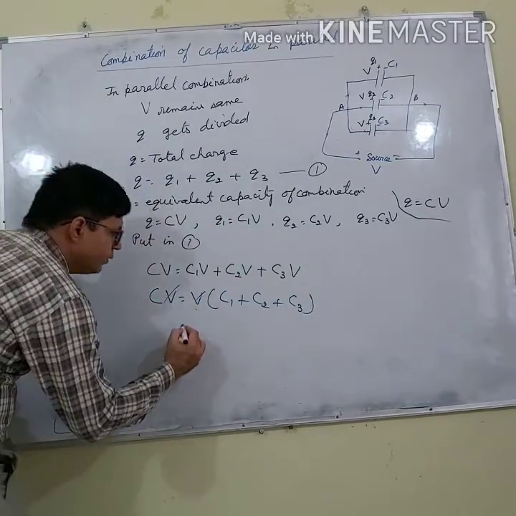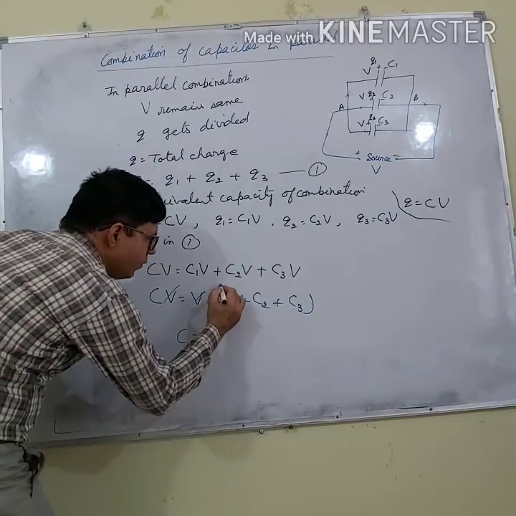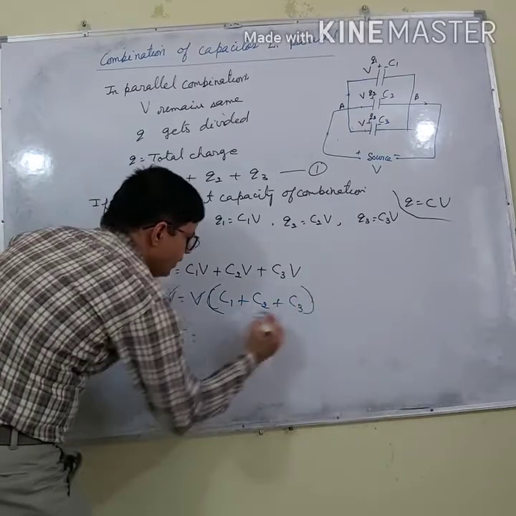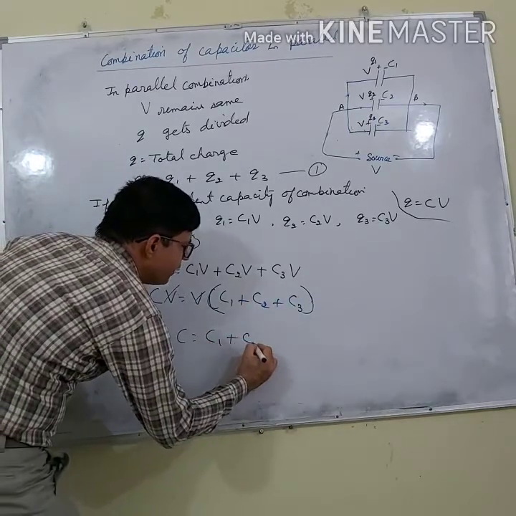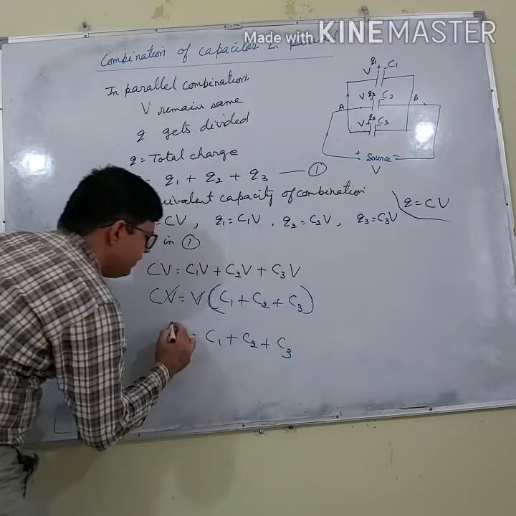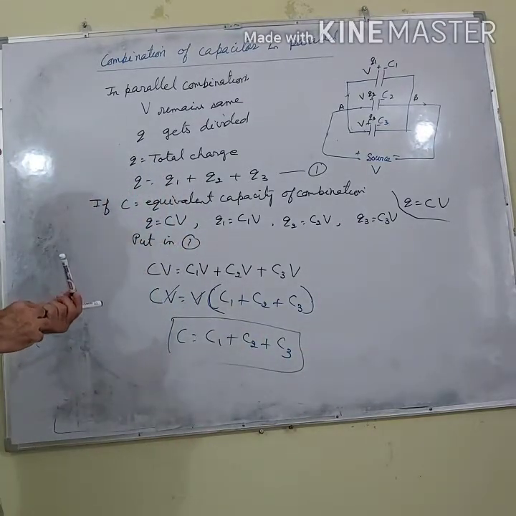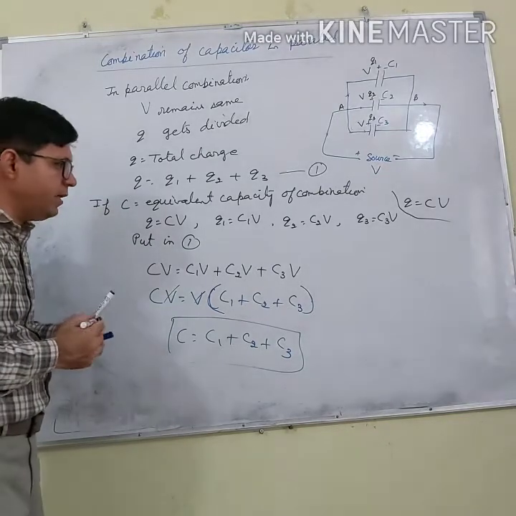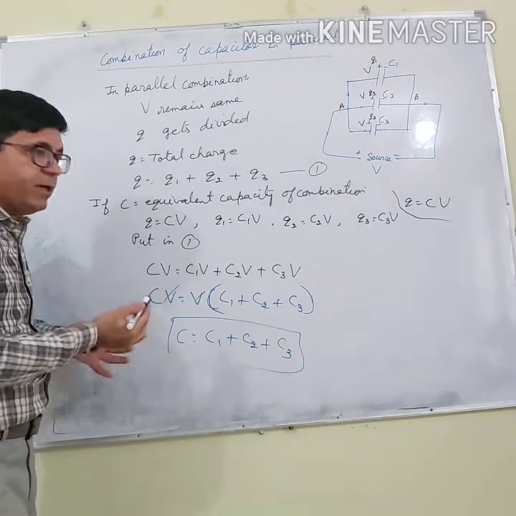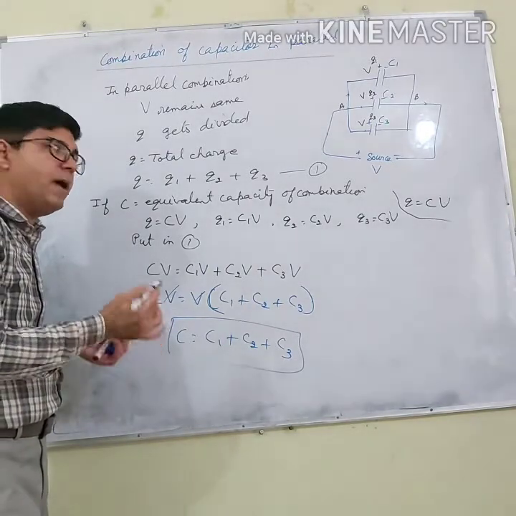This V is cancelled, so I can write C equals C1 plus C2 plus C3. So this is the equivalent capacity of a combination when capacitors are connected in parallel.